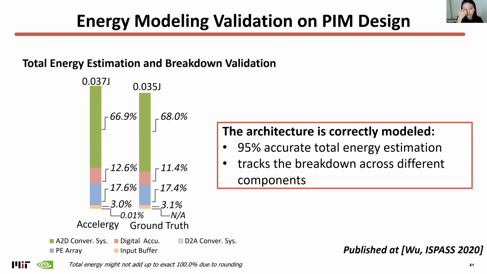We are also able to track relatively accurately the breakdown across the various units in the design. And here, unlike the conventional architecture, we also need to consider what's the most energy-consuming part of this architecture. From this figure, we can see that Accelergy tells us the analog to digital conversion system is the most energy-consuming unit of this design.